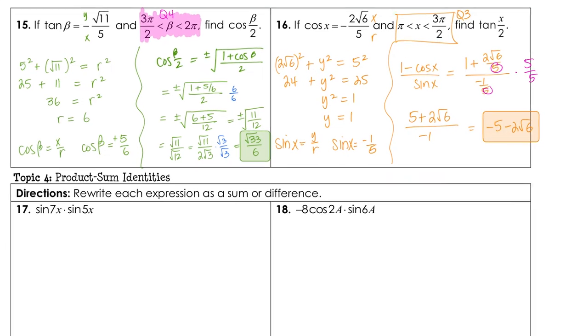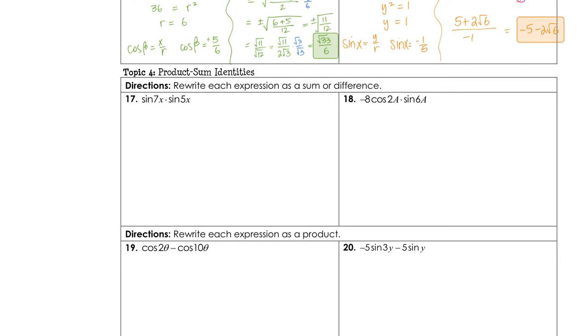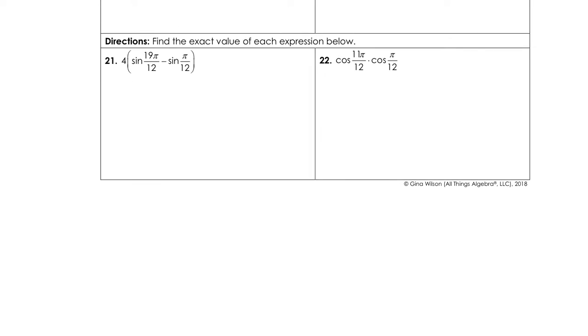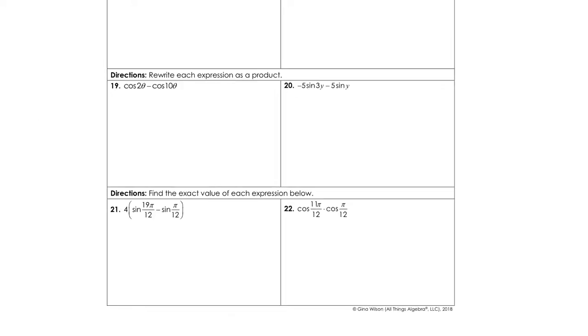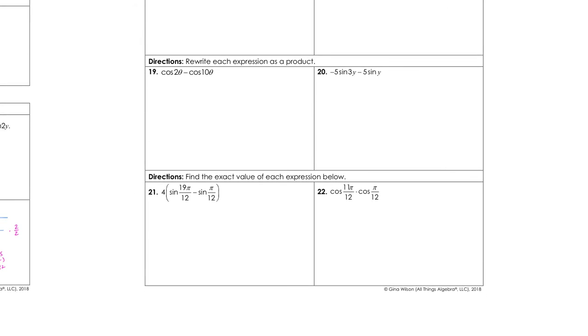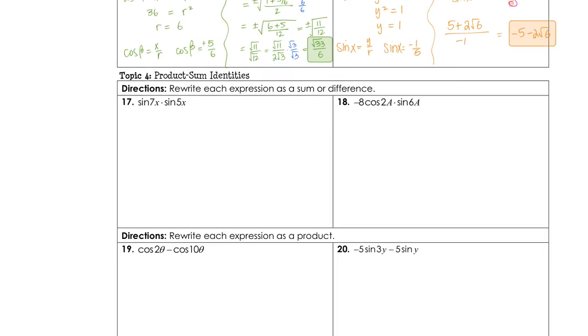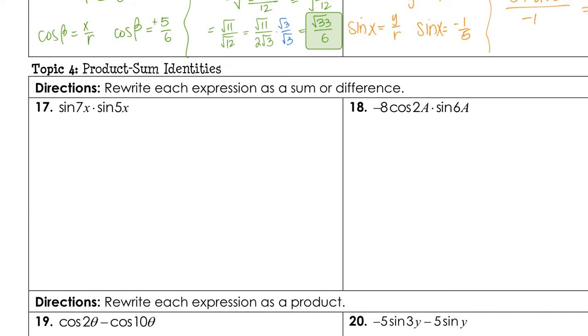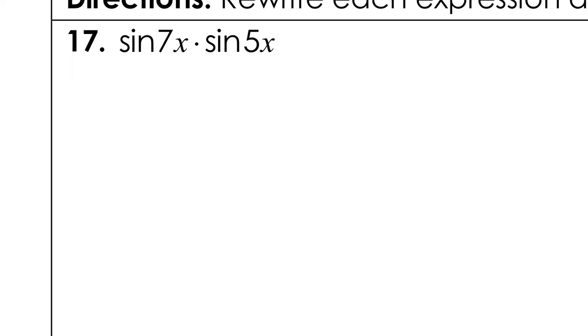Okay, so let's move on to the next type. These were product sum identities. So this is the last of what we did. For the first two, 17 and 18, we're just going to rewrite them. Right now, it's a product because it is being multiplied. So if we're rewriting it, they want us to change it into either a sum or a difference.